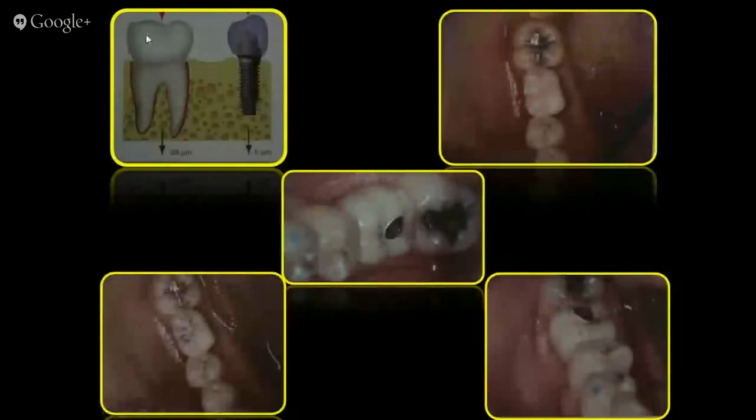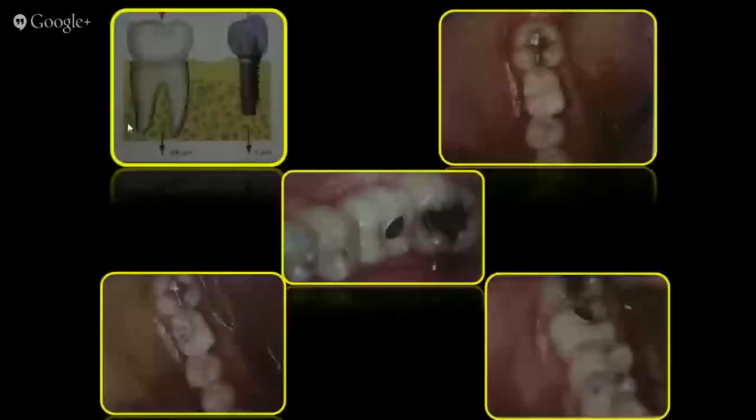Now, if I see this is my natural tooth, if there are forces which act on it, because of the resiliency of the periodontal ligament, most of the forces are absorbed by the periodontal ligament. So very little force actually goes through and into the alveolar bone and the bone proper.